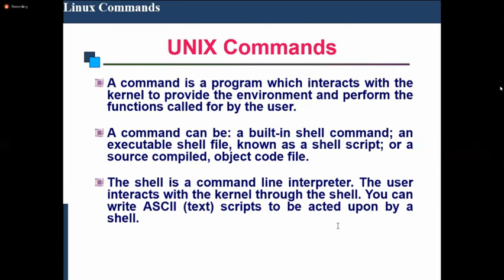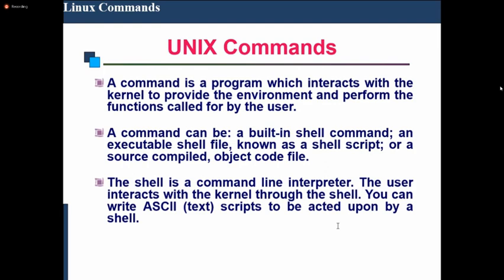Then you have compiled or object code, that is Java or C Sharp or those things, right? Because in Java also you compile and then you run the file code, right?